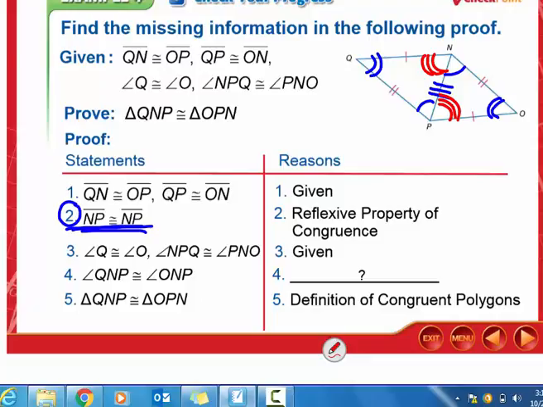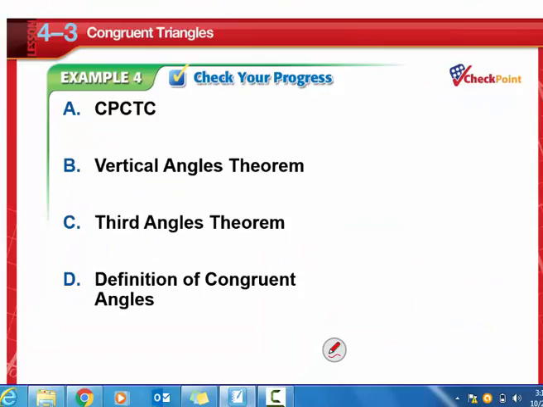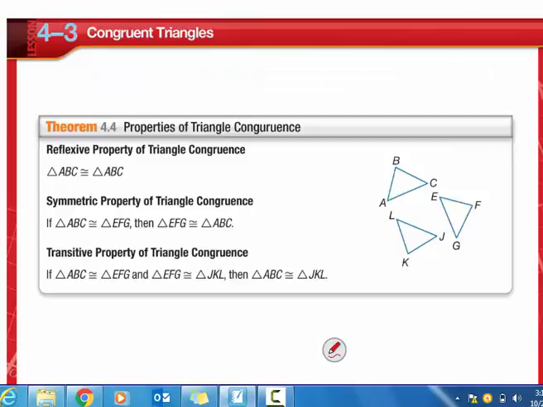And we can prove that they're congruent to each other by the third angle theorem. Okay? Look at that. Third angle theorem. And that's it.